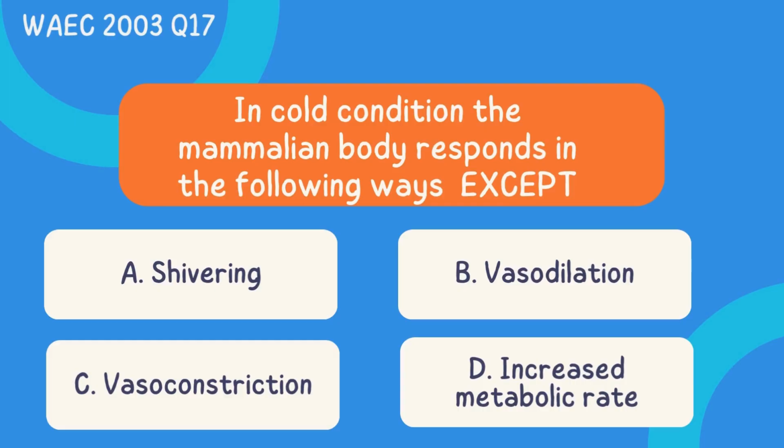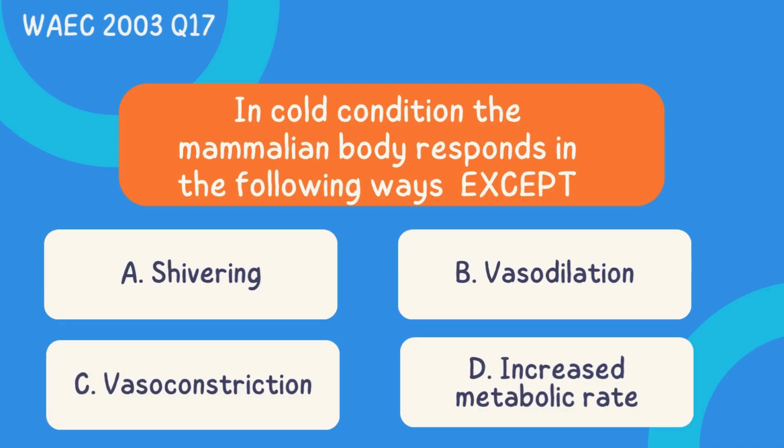C, gallbladder. And D, liver. The correct option is option D, the liver. The liver helps to detoxify harmful substances and excrete them out of the body through the kidneys.